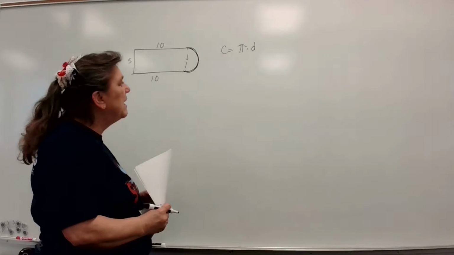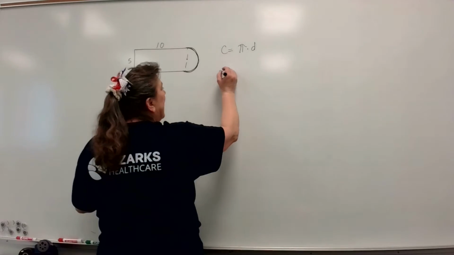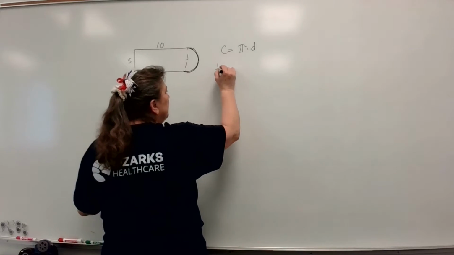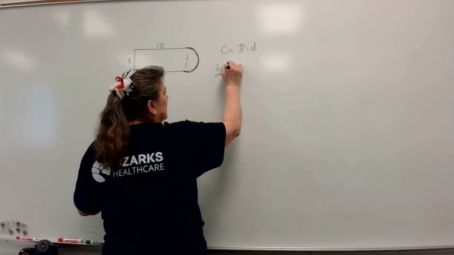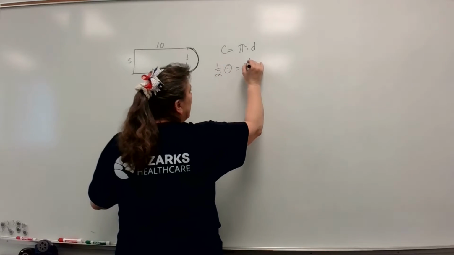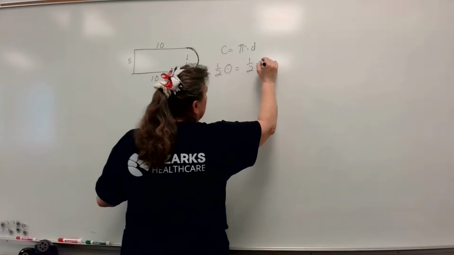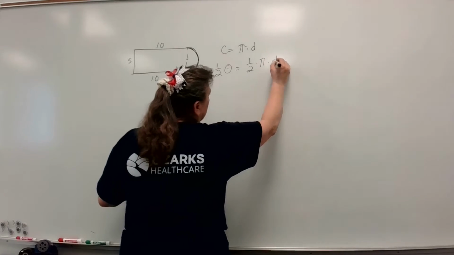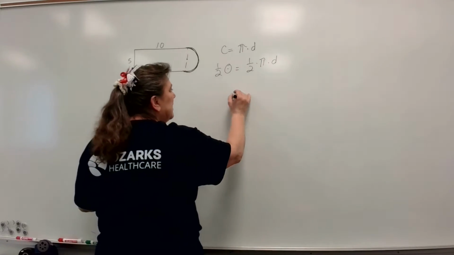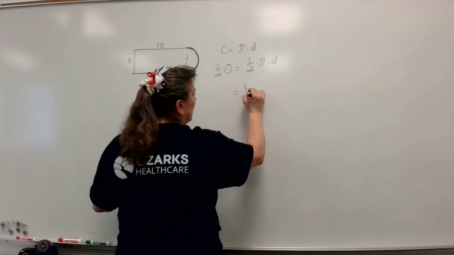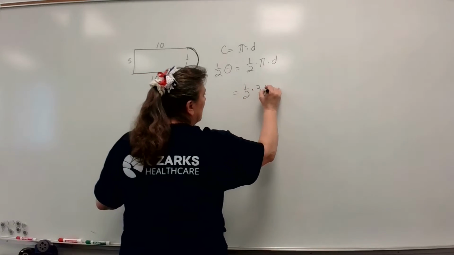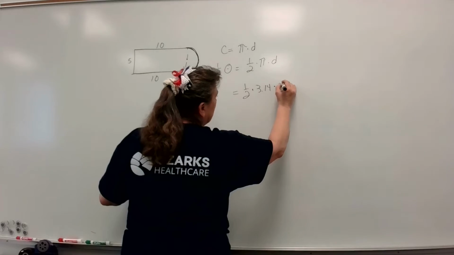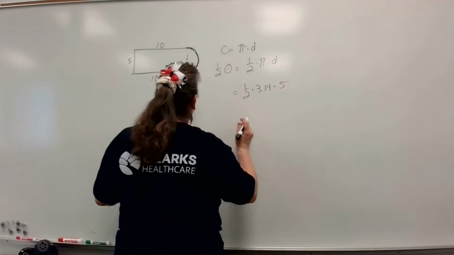So pi times diameter, but we want half of this. So the half circle is equal to 1/2 pi times diameter. So we are dealing with 1/2 times 3.14 times the diameter, which is 5.